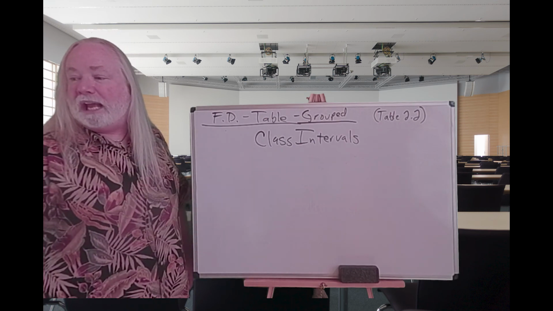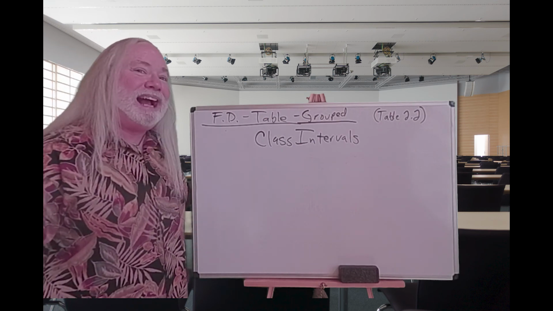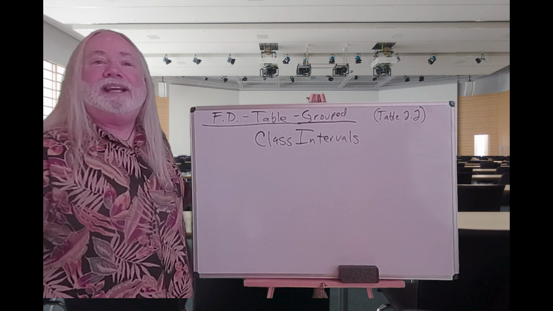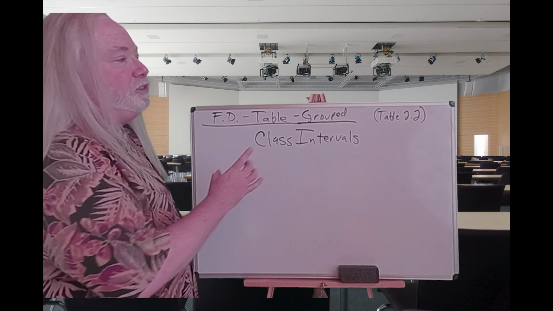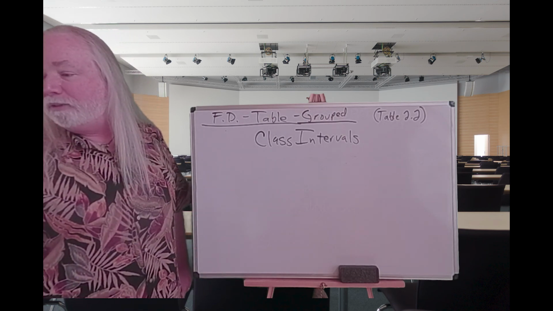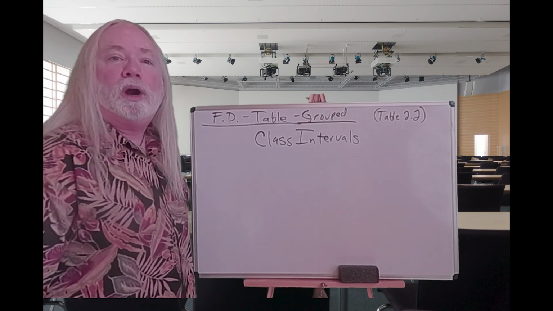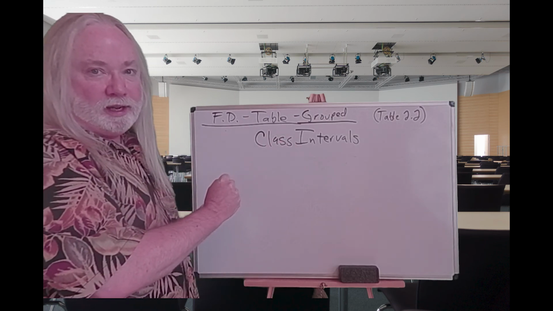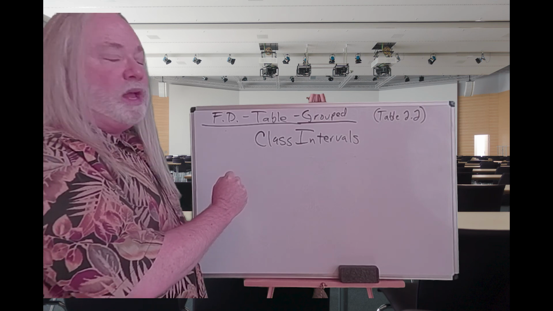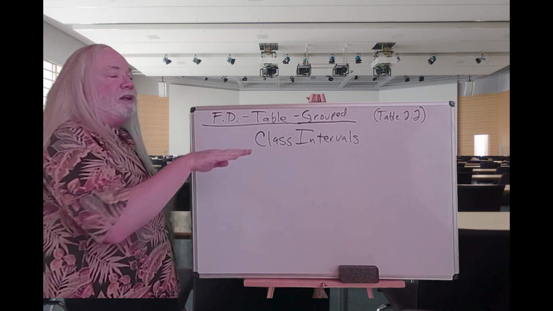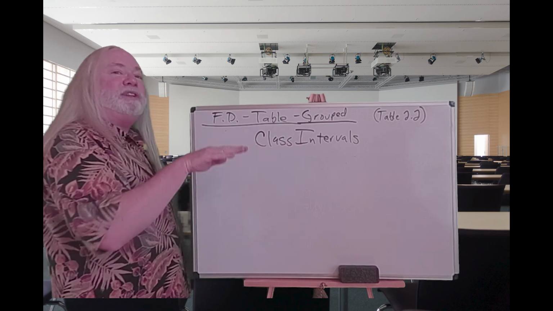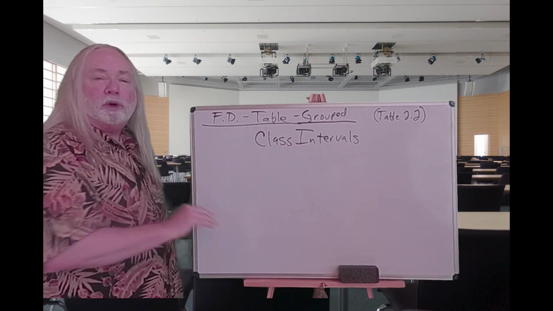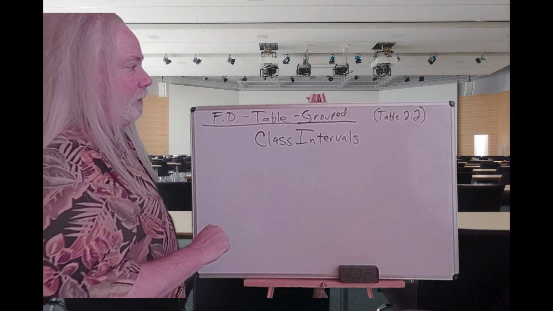But notice that down the left-hand column, the X column, you don't see individual scores, you see little sets of scores. For example, on the very top it says scores of 90 through 94. That's a class interval. That's a grouping or a packaging of raw scores together. So instead of listing every possible score, we're going to list these class intervals, these little groupings of scores, just like you see in that example.